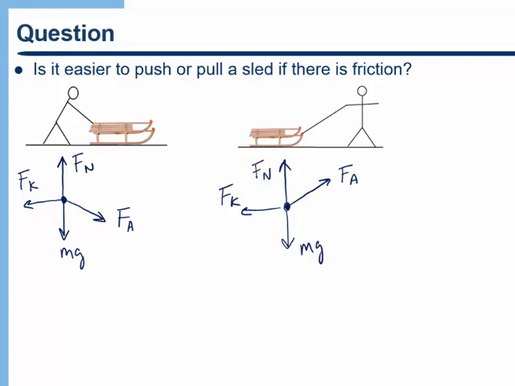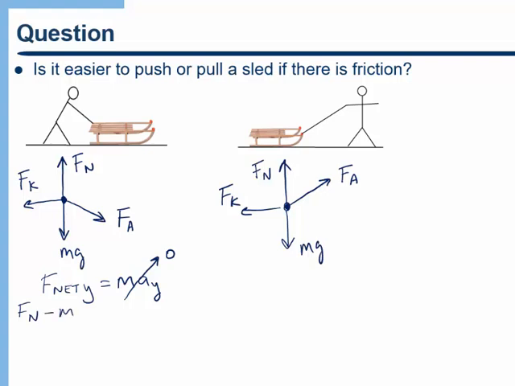Let's look at the forces in the y direction. We know that the net force in the y direction is equal to the mass times the acceleration in the y direction. Now, our sled is not accelerating in the y direction. It's not going up into the air or going down into the ground. So the right-hand side has to be 0. Let's look at what are the forces acting. Well, the net force is just the sum of the forces. So in the y direction, we have the normal force up.